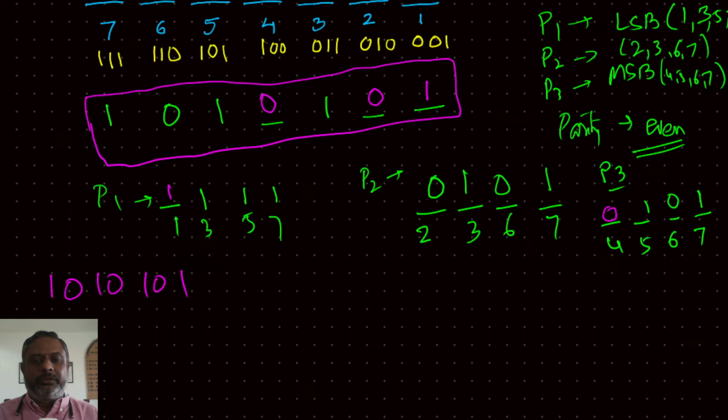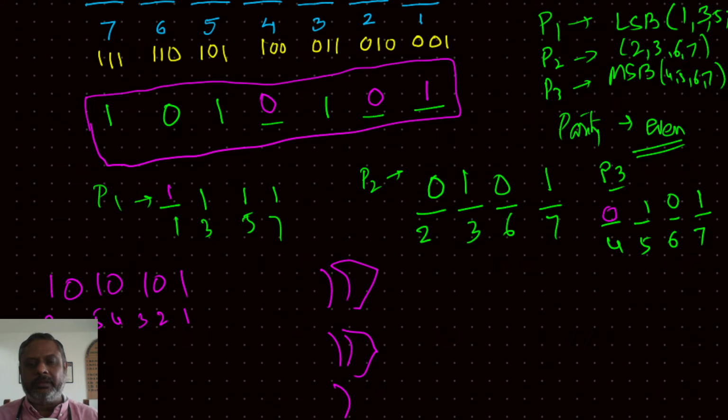So how that is used after receiving? So this is the first, second, third, fourth, fifth, sixth, seventh. So how it is used is we just use XORs at the receiver. The first parity P1, P2, P3.